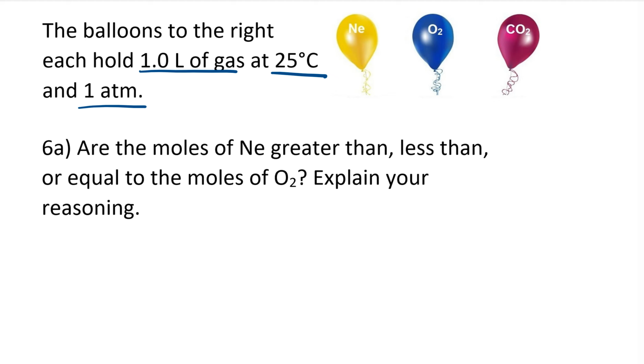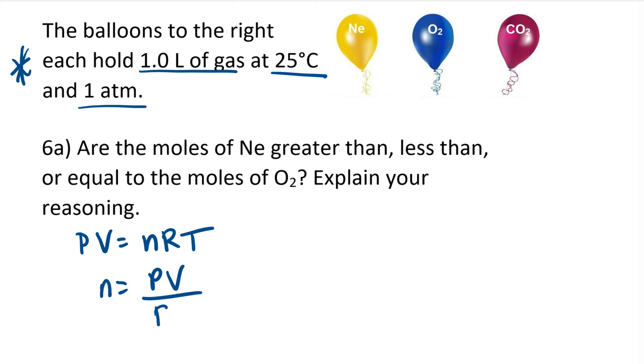Well, I could calculate the moles of each of these gases if I want to, and we would set it up like this. If I know the volume, temperature, and pressure of the neon, which are stated above, these are the conditions for all the gases in the balloons, then I can use the ideal gas law and rearrange it to solve for n. n would be equal to PV over RT.